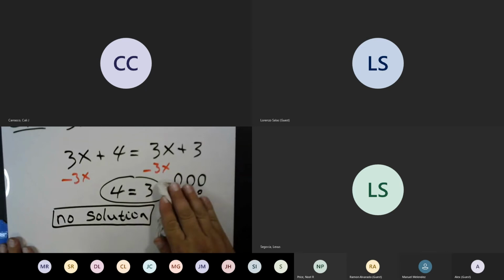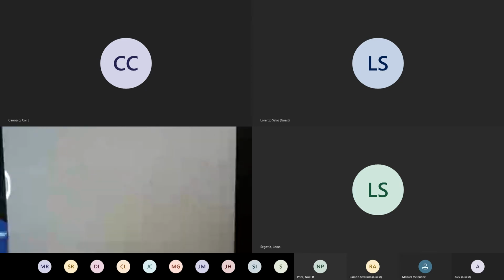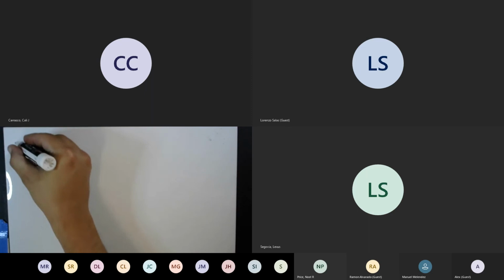Something else, another example that comes up, it's more of a format or a notation issue, but it's something that's kind of good to be familiar with. Let's say we have this.